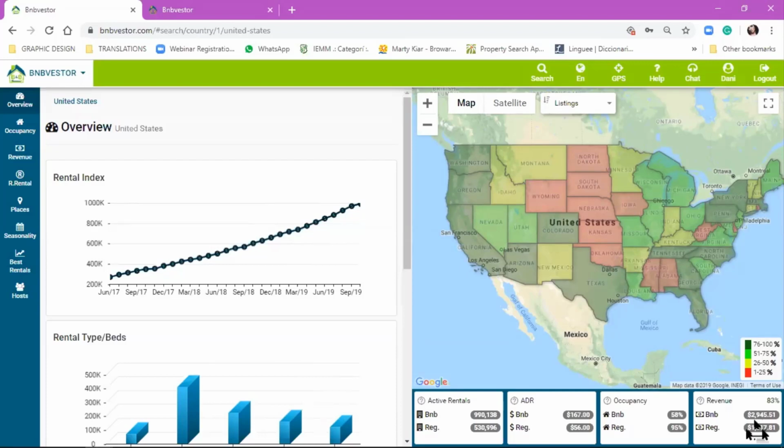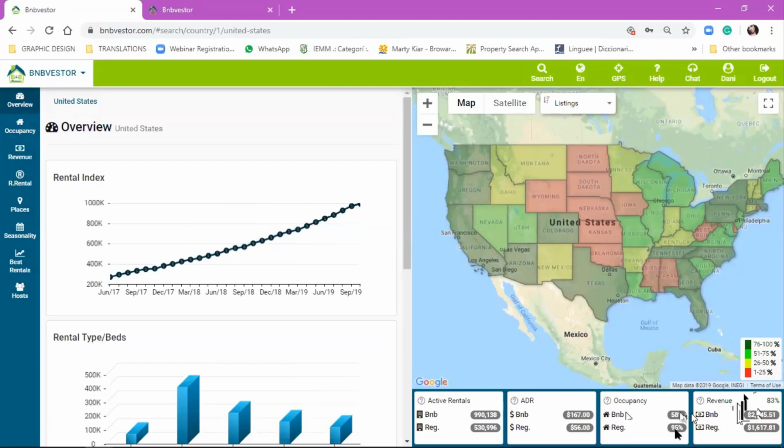So look at this. With an average daily rate of, let's take a look at regular rentals, with an average daily rate of $56 and of course an occupancy of 95%, you have a revenue of $1,600. But with a B&B average daily rate of $167 and half of the occupancy of the regular rental, I mean, 58%, it doesn't even get to the 60, it gives you a monthly revenue of $2,945, okay?